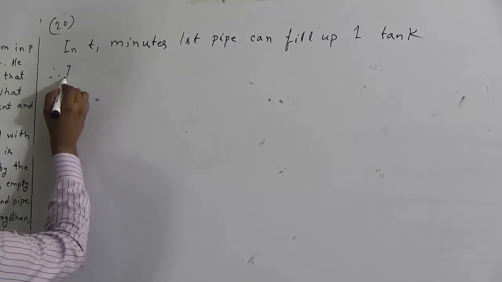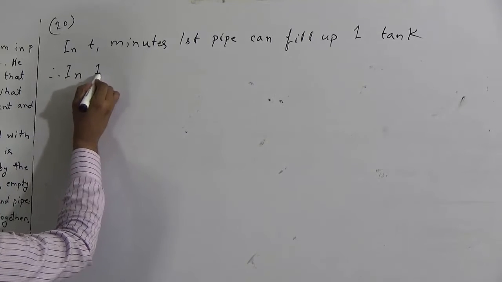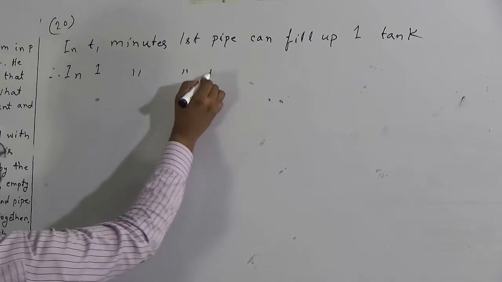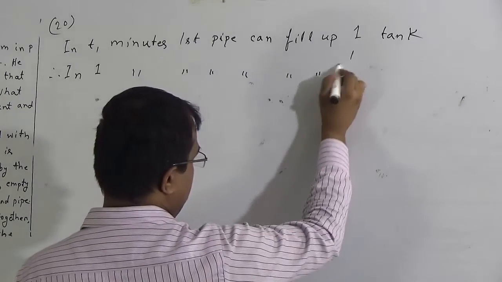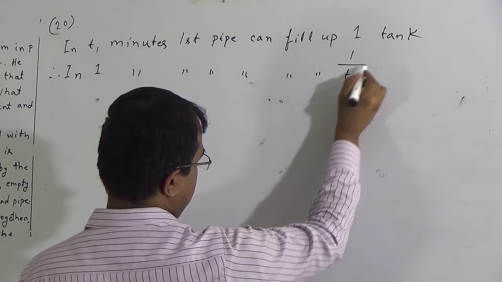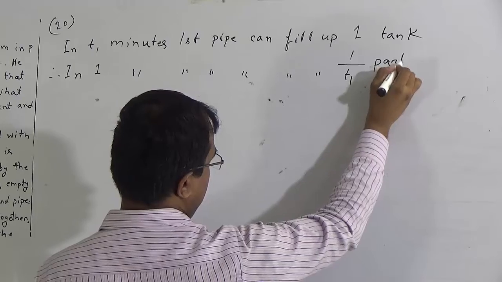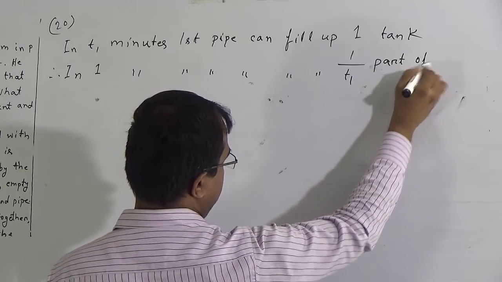Therefore, in 1 minute, the first pipe can fill up 1 by T1 part of the tank.